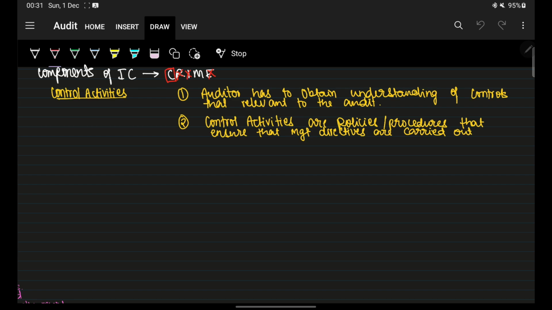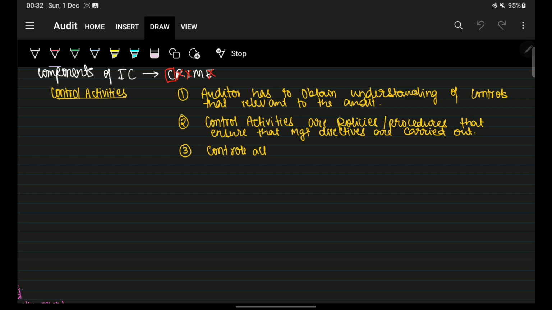Okay, the third point was basically a tiny explanation as to where these control activities are used.